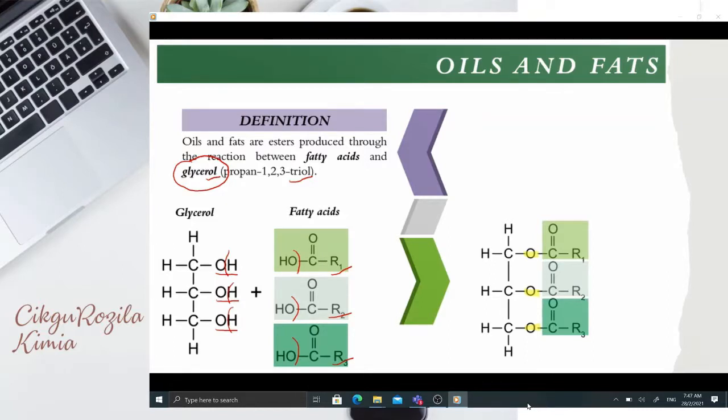So we have combined 3 fatty acids to become one molecule of ester. Don't forget that we are also producing 3 molecules of water that come from here. Yes, 1 molecule of water, 2 molecules of water, and the third molecule of water.